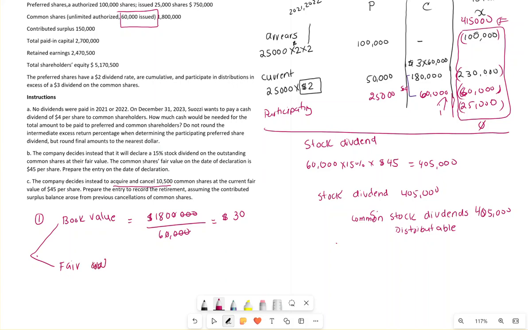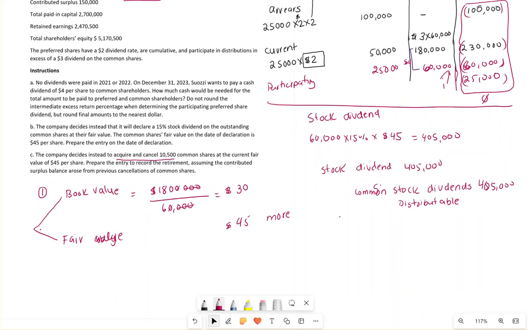Fair value of the shares is $45. So if the fair value of the shares is more, we first have to clear our contributed surplus, and the second will be any difference will go to my retained earnings.